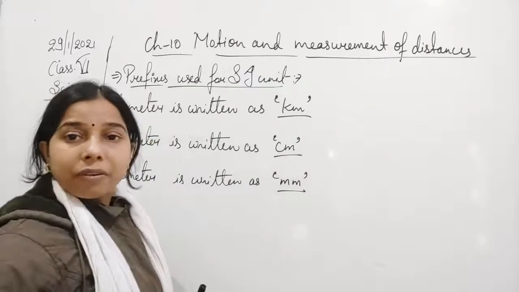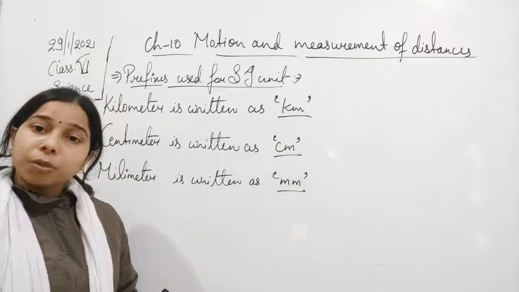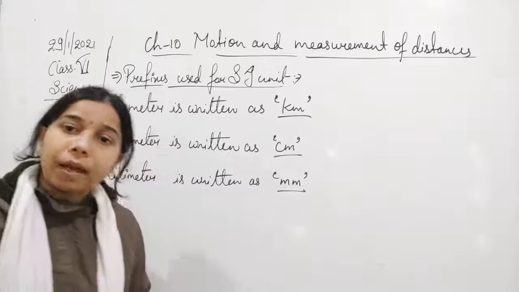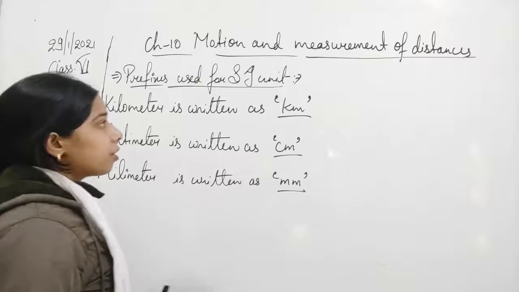So these are all represented in an abbreviated form as symbols: kilometer km, centimeter cm and millimeter mm. Okay, now let us move on and see how to measure the length.